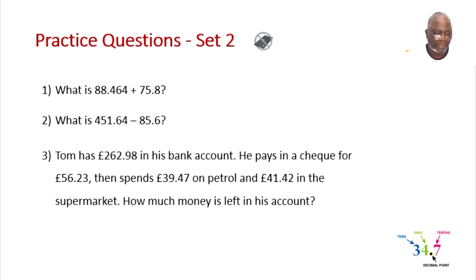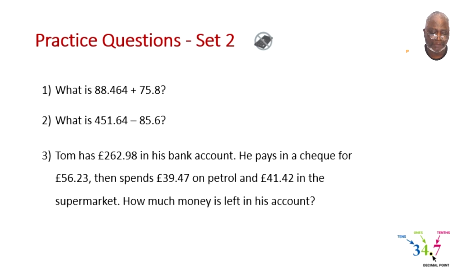Tom has 264 pounds, 0.98. Don't forget, pounds is a decimal currency. He pays in a check for 56 pounds, 23 pence. Then spends 39 pounds, 47 pence on petrol and 41 pounds, 42 pence in the supermarket.